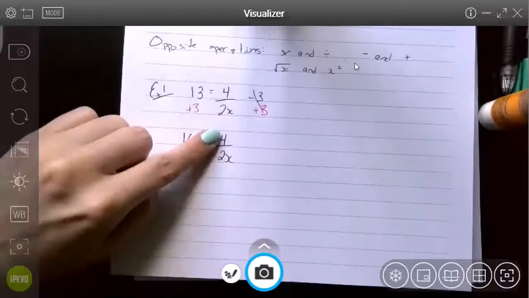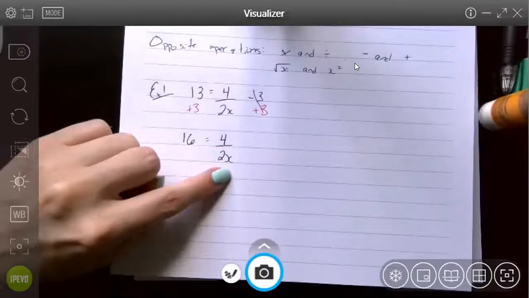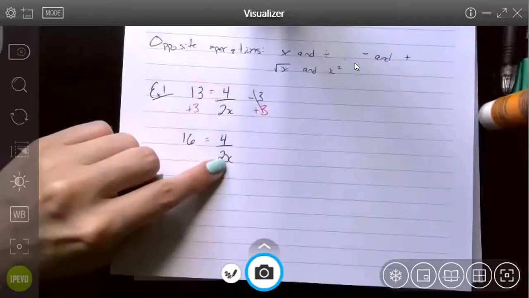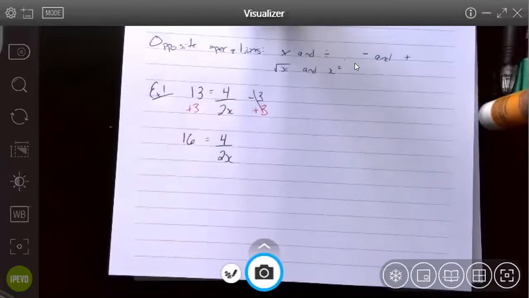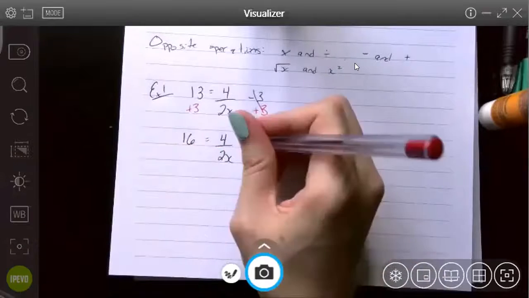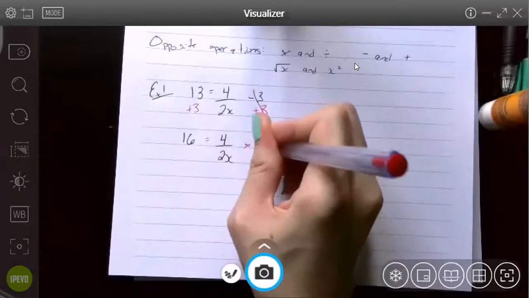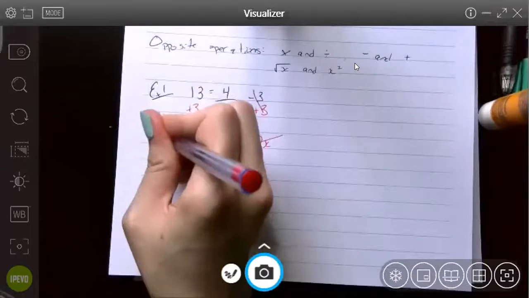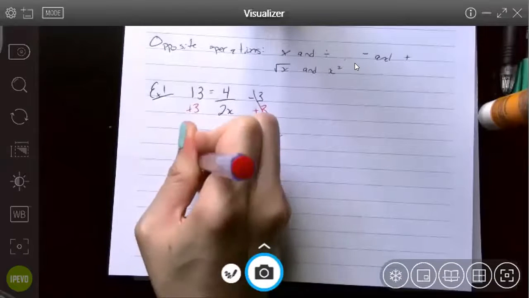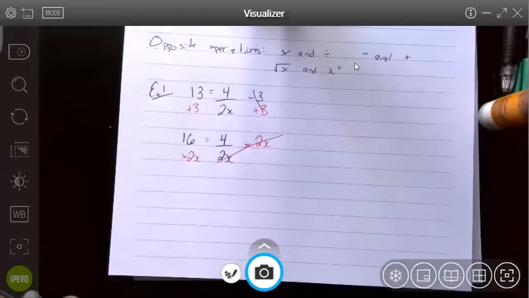And now we've got a fraction here, which the variable is a part of. As I said, the denominator, so the bottom, has to be the thing that moves. The opposite of division is multiplication, so we will multiply by 2x, which will cancel out, which means we also multiply the other side by 2x.